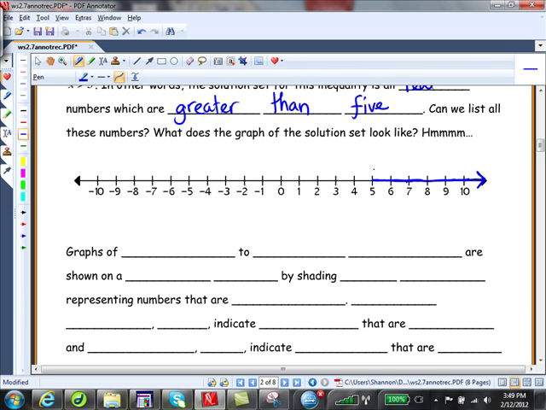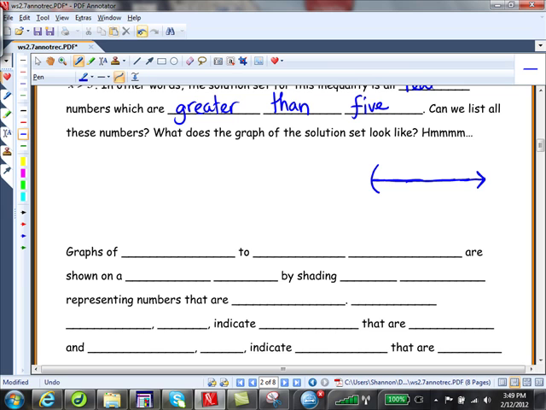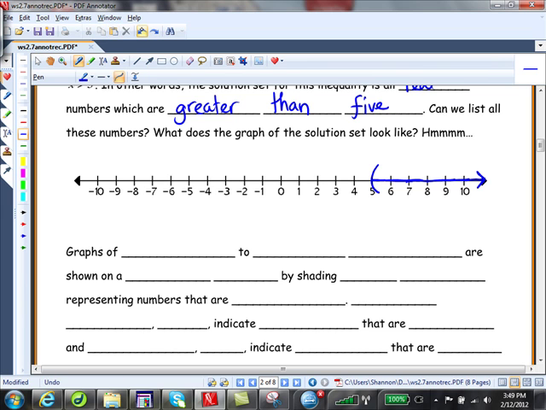But the new mathese for open circle is a parenthesis. Now you want the parenthesis to make sense. Do you guys see that this way it wouldn't make sense, right? Because you're not dealing with anything to the left. So the parenthesis kind of hugs the graph.